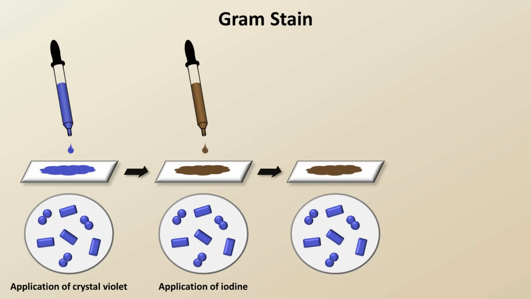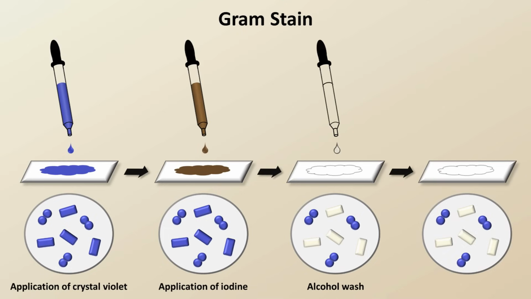Then the cells are washed with ethyl alcohol or sometimes acetone. In gram-negative cells, the alcohol or acetone destroys the outer lipopolysaccharide membrane and washes out the crystal violet iodine complexes so that these cells become unstained again. However, the crystal violet iodine complexes cannot be washed out of the much thicker peptidoglycan layer in gram-positive cells, so they stay purple.